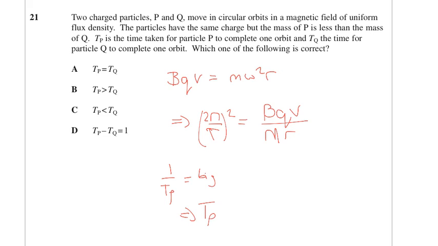Therefore the time period of P is going to be smaller than the time period of Q, based on that equation. As mass gets smaller, 1 over T gets bigger, so T gets smaller. So essentially you end up with answer C.